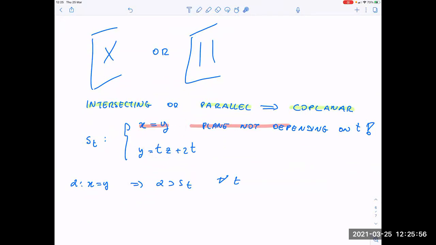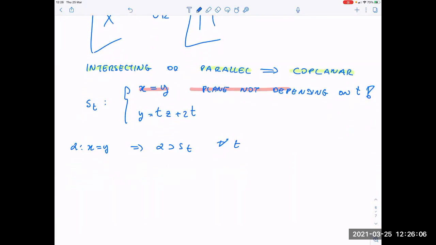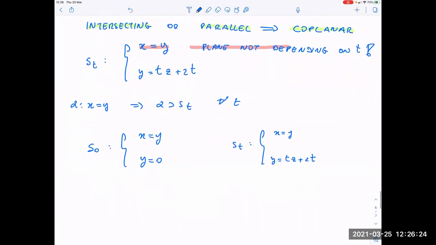If you don't realize it, what you will do is, well, I have to see that they intersect or that they are parallel. So we are speaking about line S0, which is x equal y and y equals 0, and line ST, which is the one we wrote before. So this is x equal y and y equal tz plus 2t. So for example, what is the direction vector of this line?